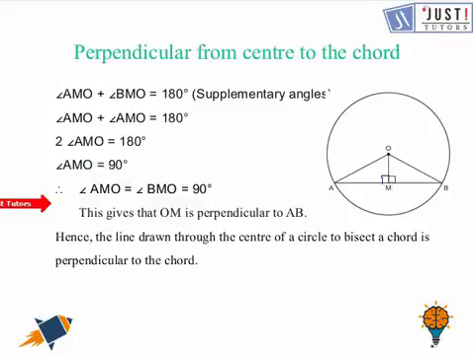Therefore we have proved that angle AMO equals angle BMO and they both are 90 degrees. So this gives that OM is perpendicular to AB. Hence we have proved that the line drawn through the center of a circle to bisect a chord is perpendicular to the chord.